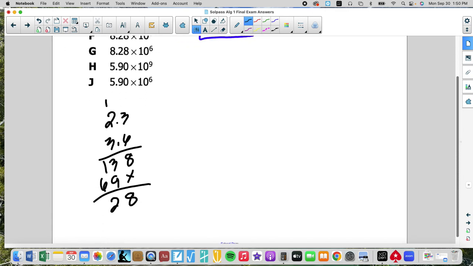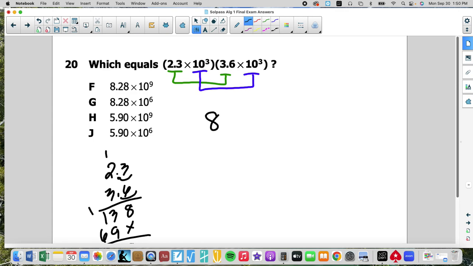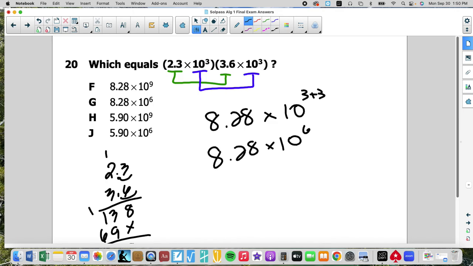That is 8.28, with 2 decimal places, so I move it 2 places. So 8.28 times, we have 10 to the third times 10 to the third, so we add those exponents when we multiply like bases, and that's 10 to the 6th. So G for number 20.